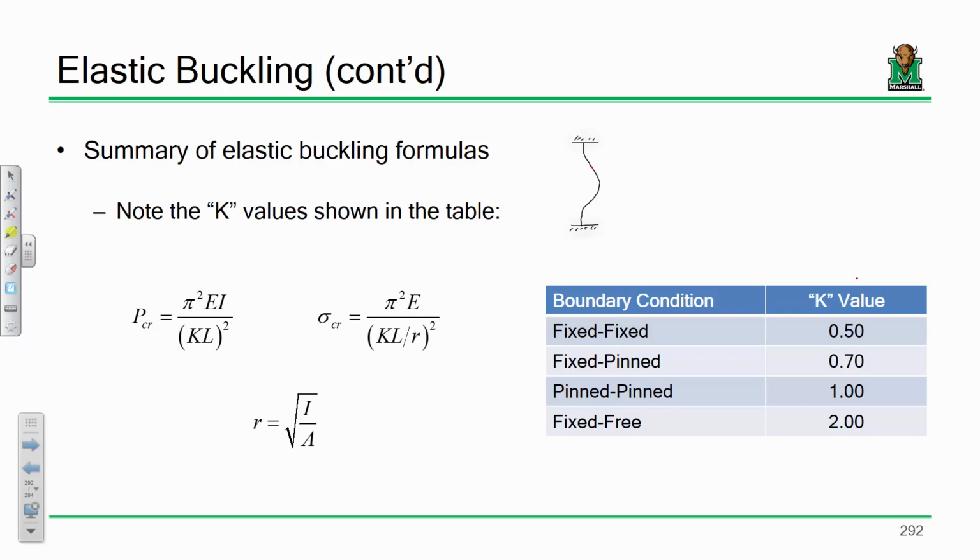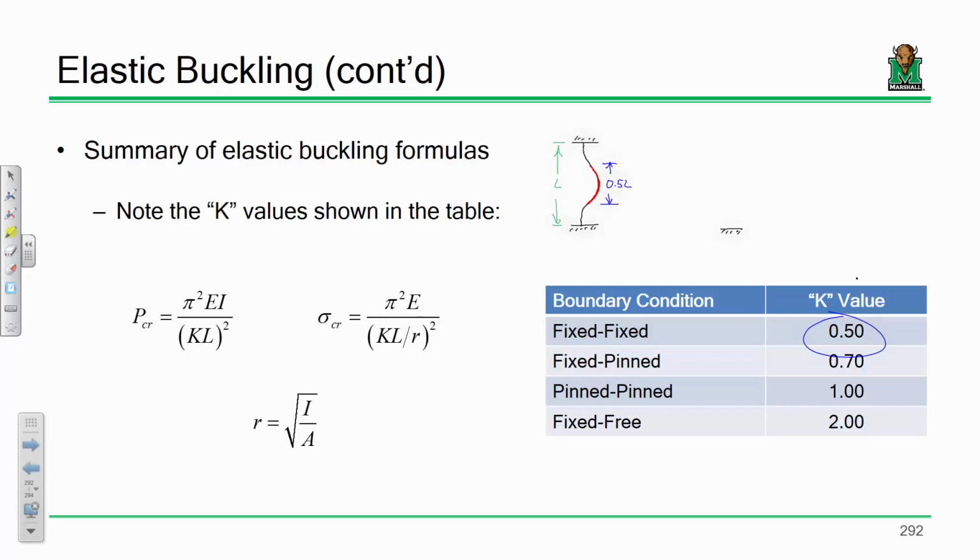But really, that's the shape that we're after, because that's representative of the fixed-free column. And I propose that if this dimension is L, this dimension here is basically about 0.5 L. So that's why this value is 0.5. Does that make sense?